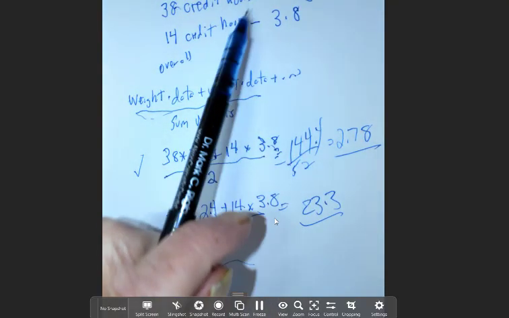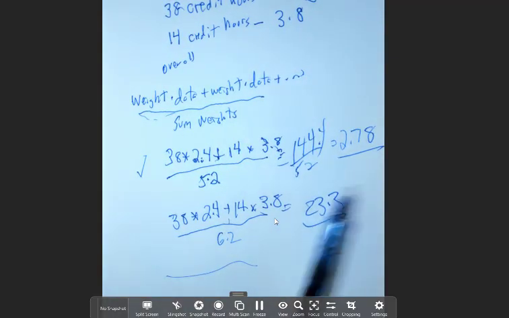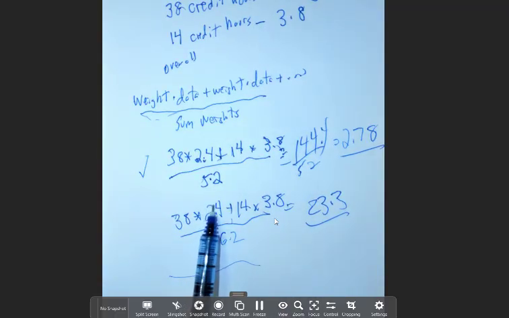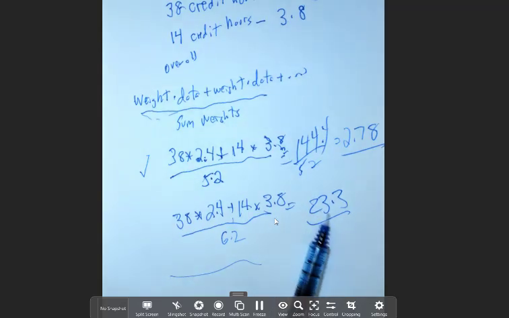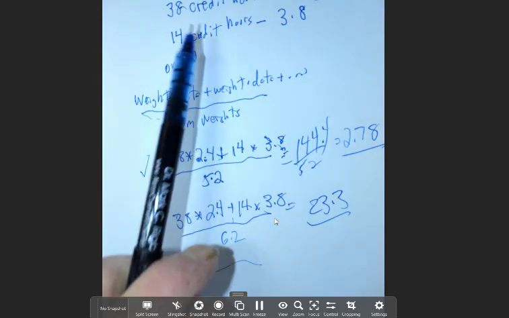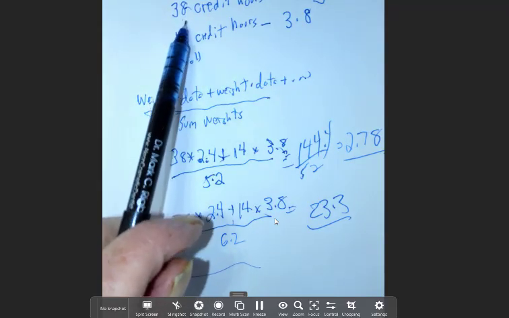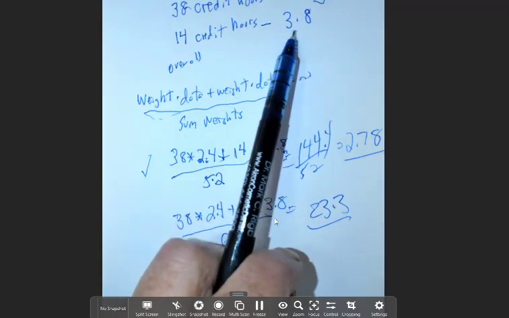The highest grade point is 4.0, or something like 4.1 maybe in high school. Certainly there's no such thing as that. So if you do this and you get a bizarre answer, most likely it's because you've confused the weights and the data. This is clearly the weights, right? Because they change, and this is what's determining how far you go towards one way or the other with the data.